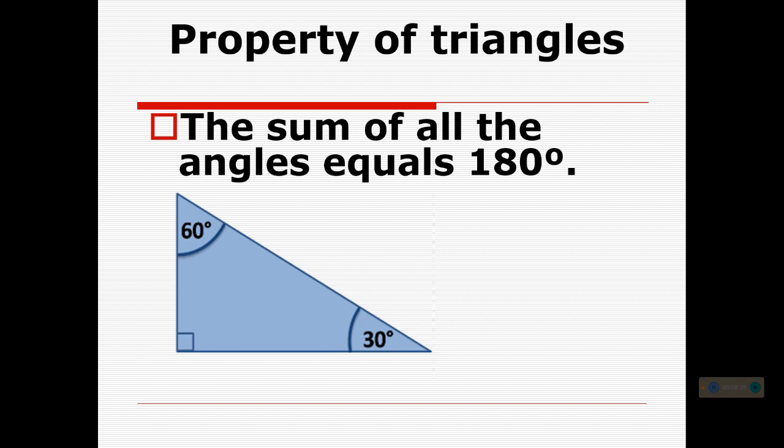So here is one property of triangles. The sum of all the angles equals 180 degrees. If we add the measures of all the angles of a triangle, that should be equal to 180 degrees.